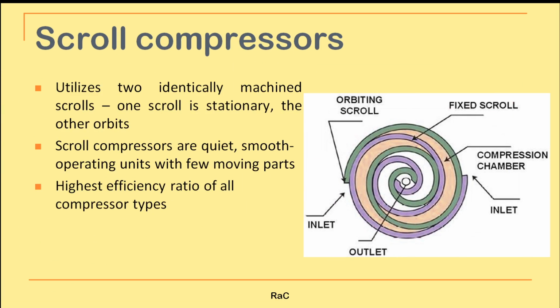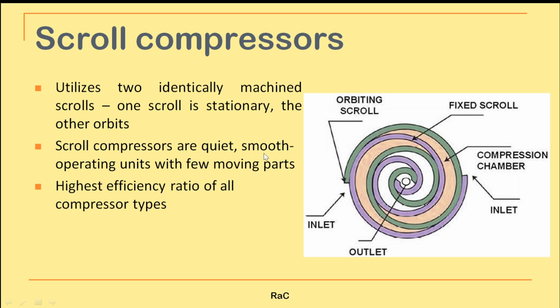Scroll compressors, you can see there are two identically machined scrolls. One scroll is stationary, the other one is rotating, orbiting. Okay, so the outlet will be from the center, the inlet will be from the periphery.